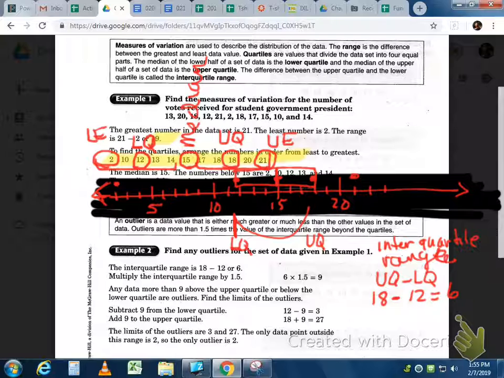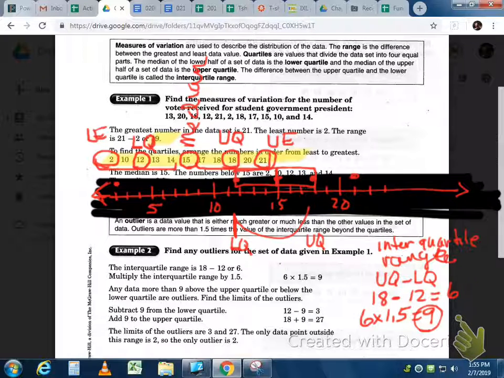Now here's the rule on this. The whiskers can only be 1.5 times the length of the box. 1.5. It's a preset number. Never going to change. If you take the 6, that's how long the box is, times 1.5, that's 9.